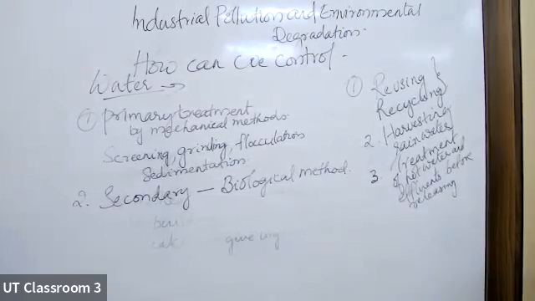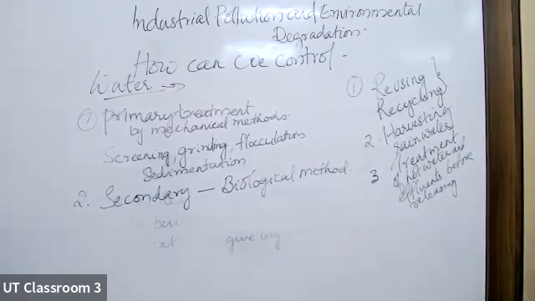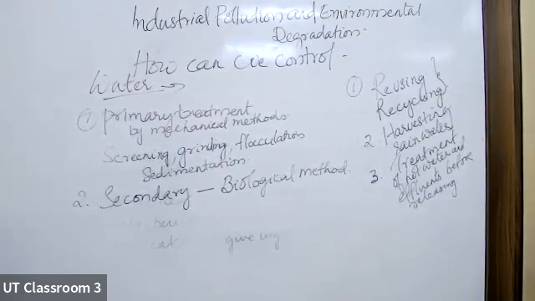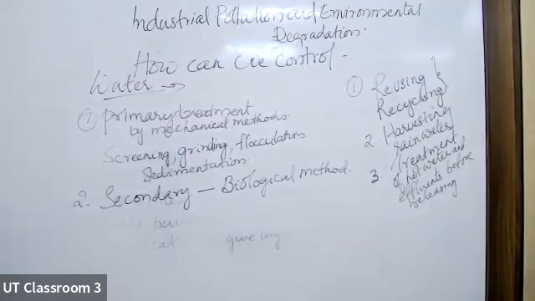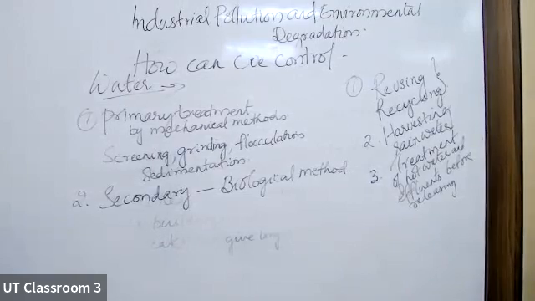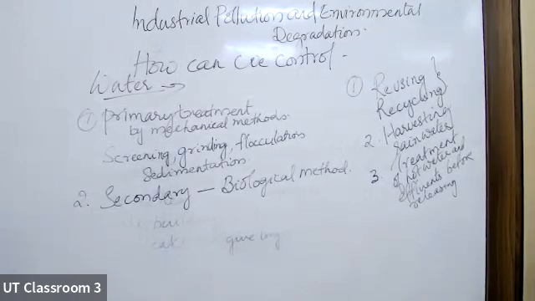Then it also includes some devices to control noise pollution. Earlier, in every factory they used to have sirens. These sirens also cause big noise. So that kind of noise pollution can be controlled by using certain devices.